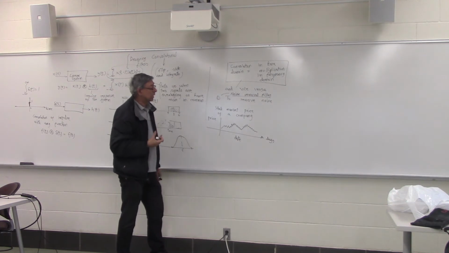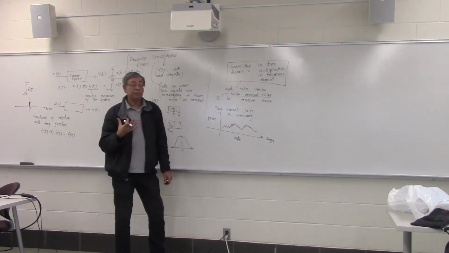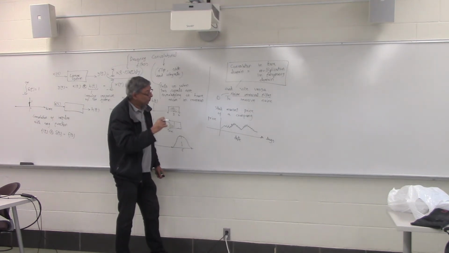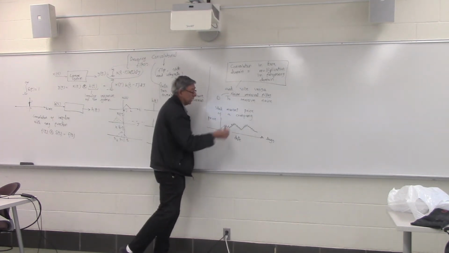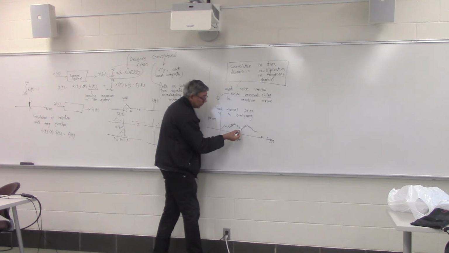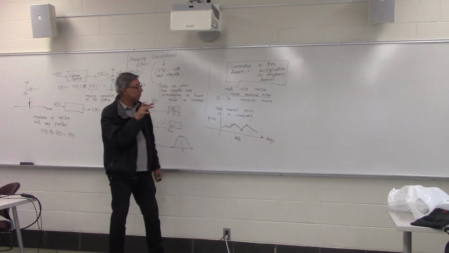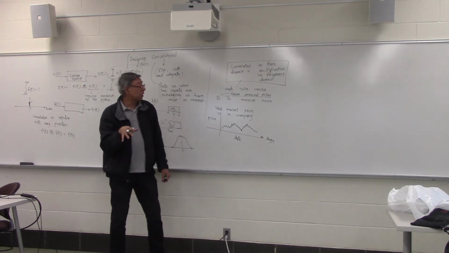People who deal with the stock market often are interested in buying the stock at a low price and then selling it. So for example, ideally what you would like to do is buy it at this point, and sell it at this point. Okay. So what we try to do is see which way the stock is going.